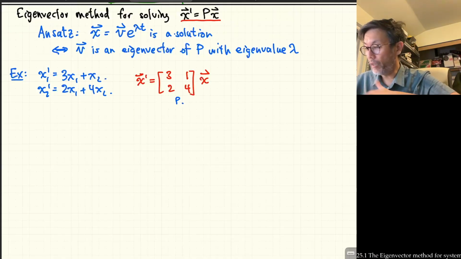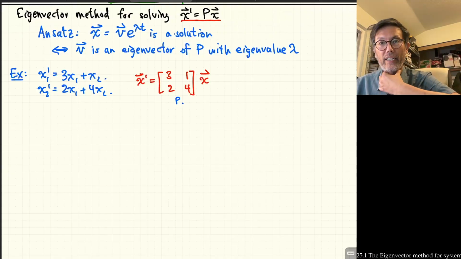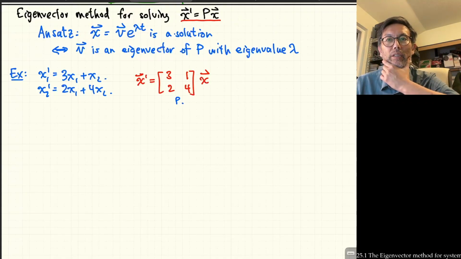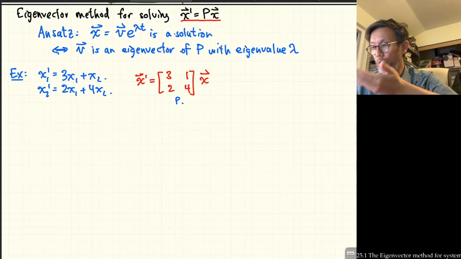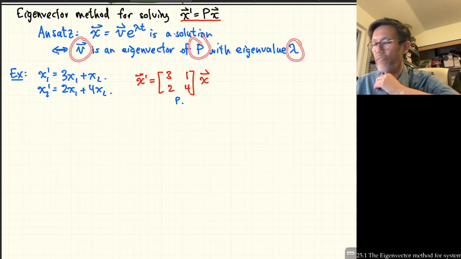Okay. All right. So the ansatz says that we should try guessing that the solution looks like v times e to the lambda t. And it's a solution if v ends up being an eigenvector of P with eigenvalue lambda.